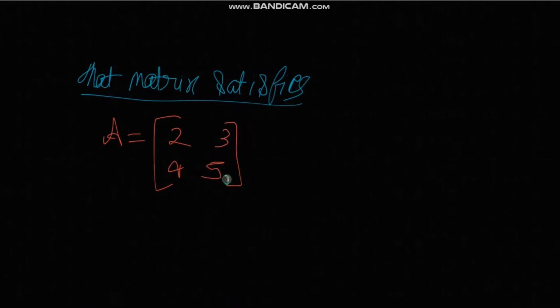So let's suppose there is a question where a matrix A is given, like 2 3 4 5, and in the question they ask to find A to the power 9.